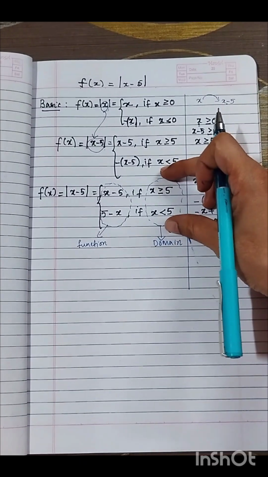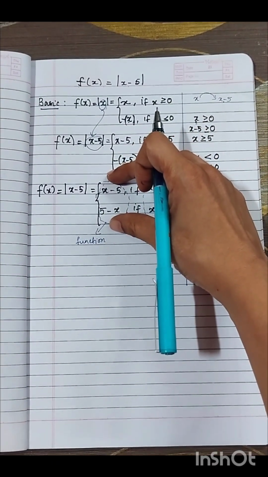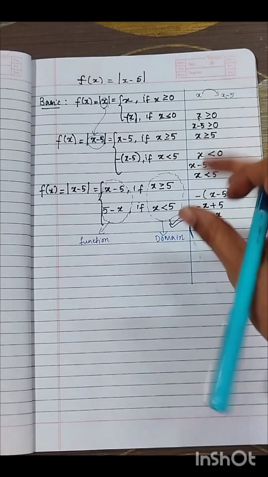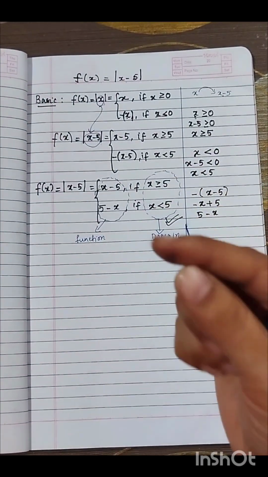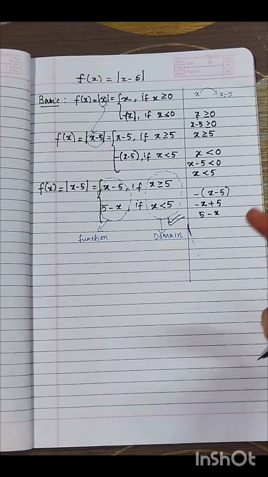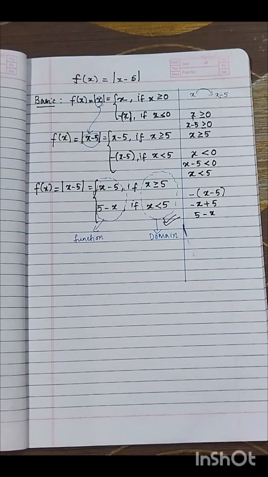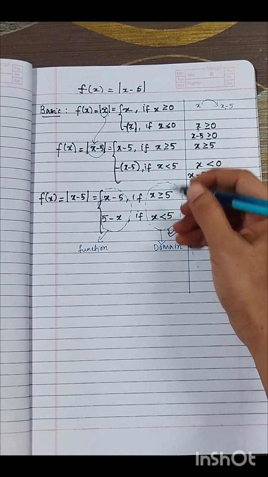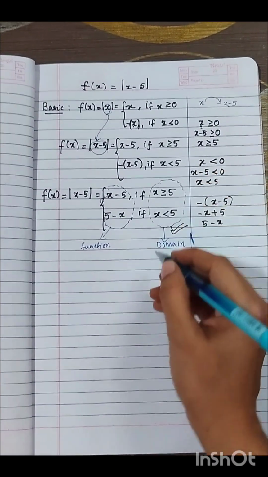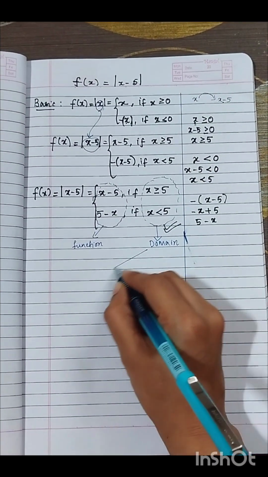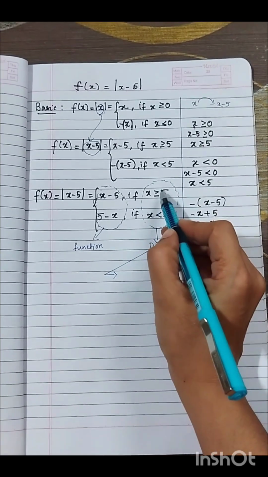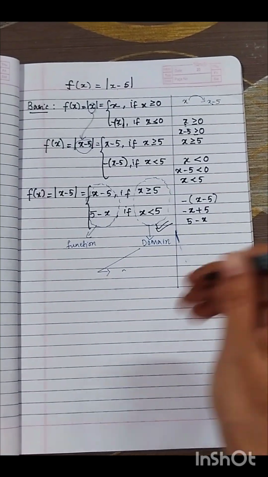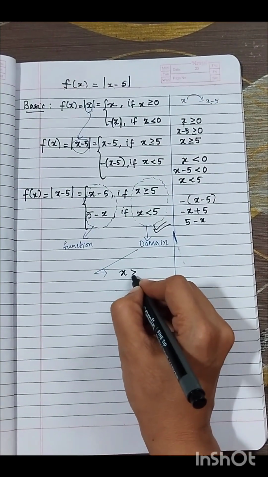This part is called domain and this is called function. Unlike in other problems, where there was only a single domain, like real numbers, natural numbers or integers, in this type of question you have more than one domain. So let us see what that is. We will break this. One domain is going to be x greater than 5.